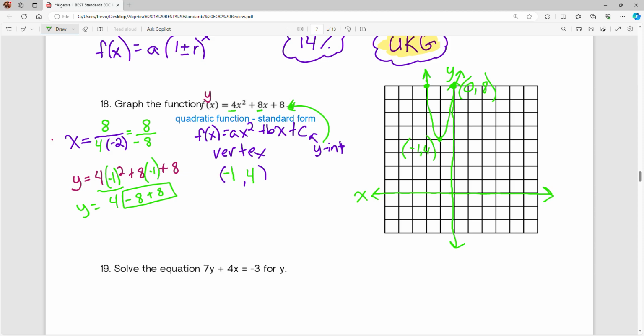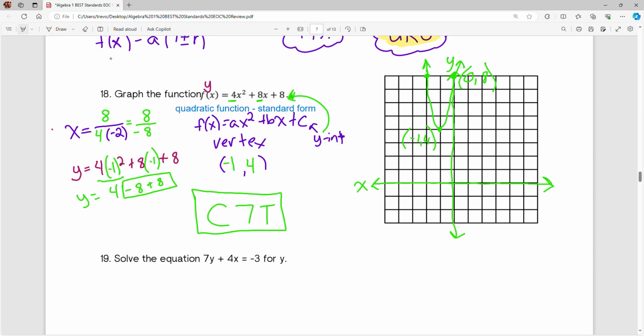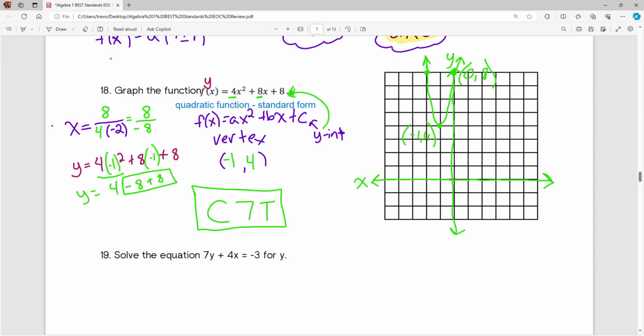If you would like some more practice on quadratic functions, similar to questions like this, I'm going to recommend IXL lesson C7T. And I think that'll get you feeling confident at this standard and ready for your algebra EOC.